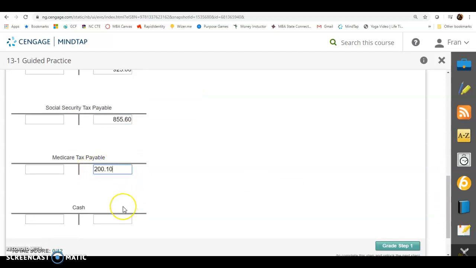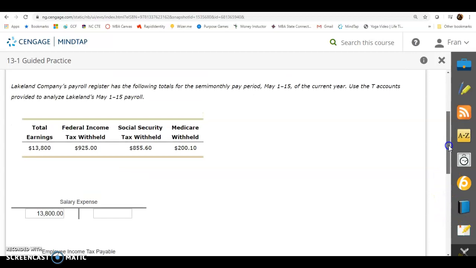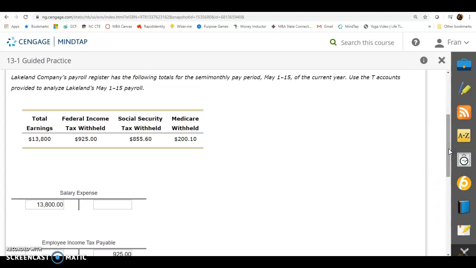But we're not done. How much cash did we actually come out of pocket and pay these employees? Well, the answer is what I just talked about before. We have to take that $13,800 that they earned and subtract the $925, subtract $855.60, and subtract $210 because we haven't paid that yet.